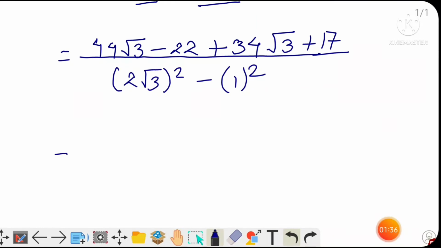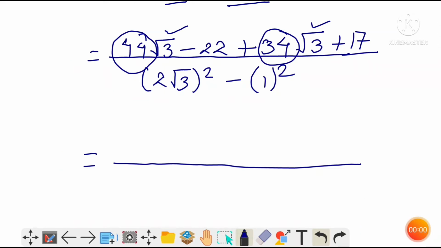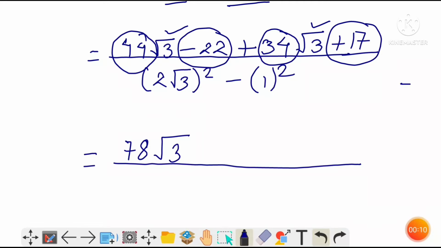Now in the numerator we'll get root 3 and root 3, they are the same root, so we have to add the numbers in front of the root, that is 44 plus 34 is 78 root 3. And here we have 22 and 17, opposite signs. That means we have to subtract, but the sign will be negative because 22 is greater than 17.